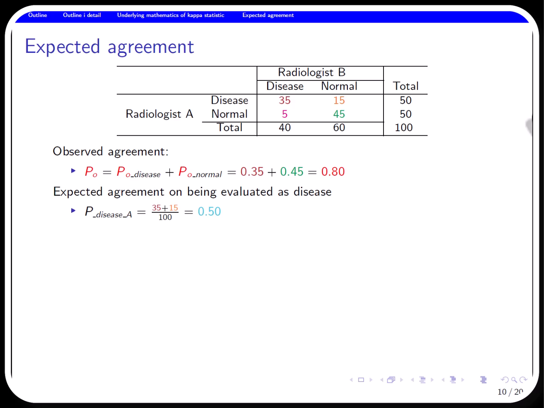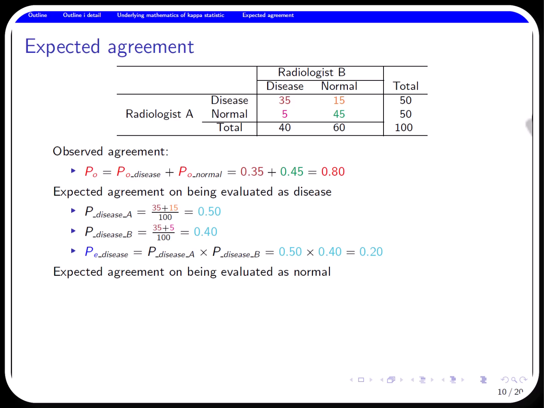Probability of being evaluated as disease by radiologist B equals 35 plus 5 divided by 100 equals 0.4. If two radiologists independently evaluate the same images, expected agreement on being evaluated as disease equals 0.5 times 0.4 equals 0.2.